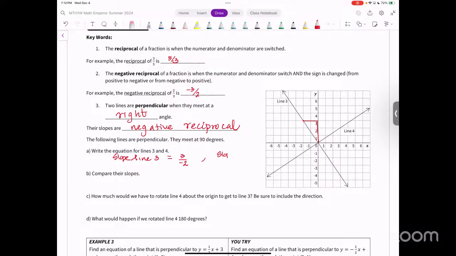The slope of line 4, rise over run: I rise 2 units, run 3 units. So rise is 2 units, run is 3 units, so I should put the label here.